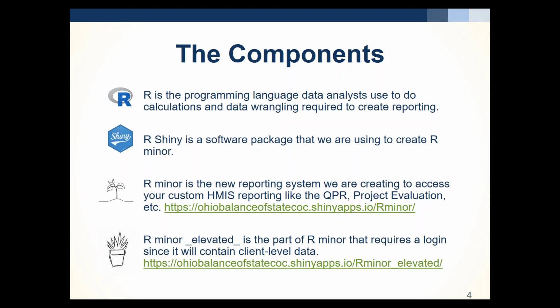For instance, in ART, we have the CoC level QPR, and then we have a project level QPR. The CoC level does not give client level data because we don't want that out in the public. But you all need that so that you can check that our calculations are accurate and see what households were being counted in what ways. Both of those are very important.